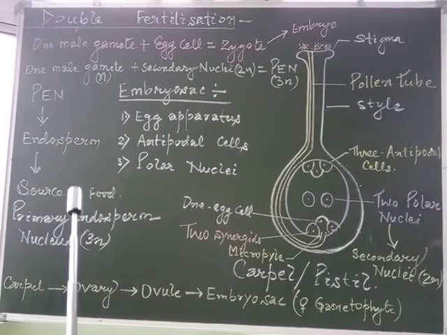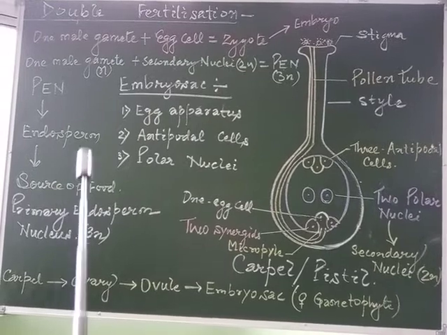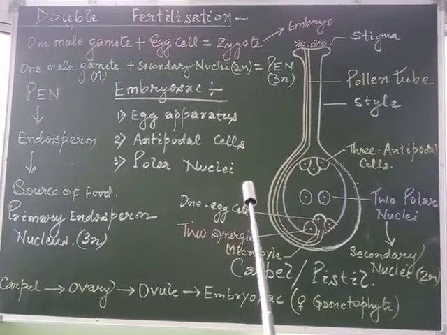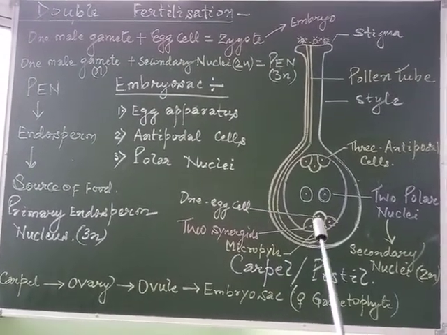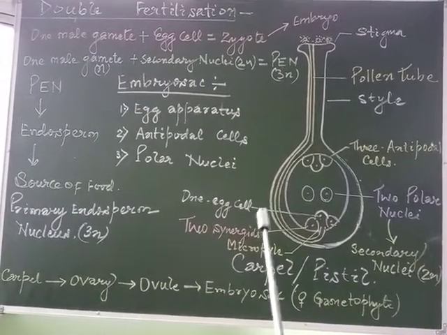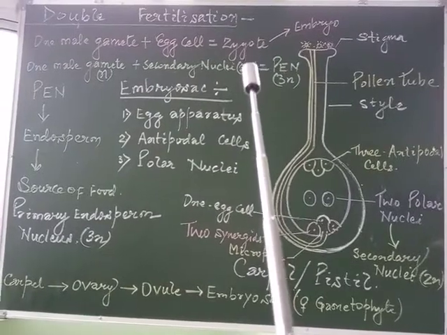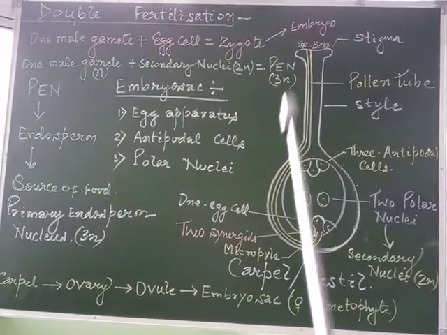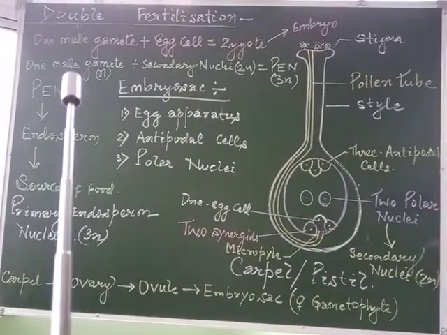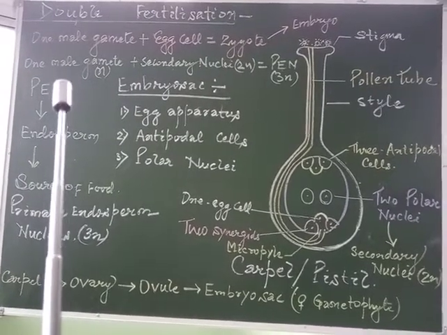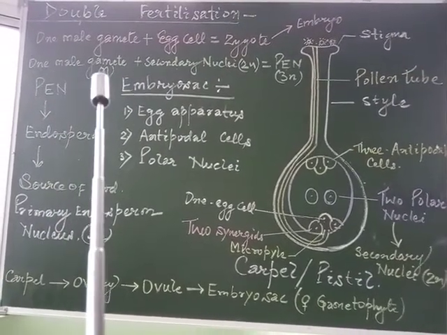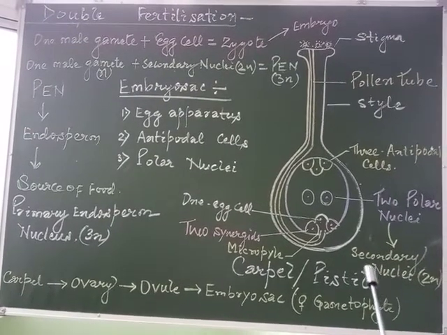So what do we observe? Two fertilizations have occurred: one male gamete has fused with the egg cell to form the zygote through the process of syngamy, and the embryo was formed, and the other fertilization took place between the other male gamete and the secondary nucleus.